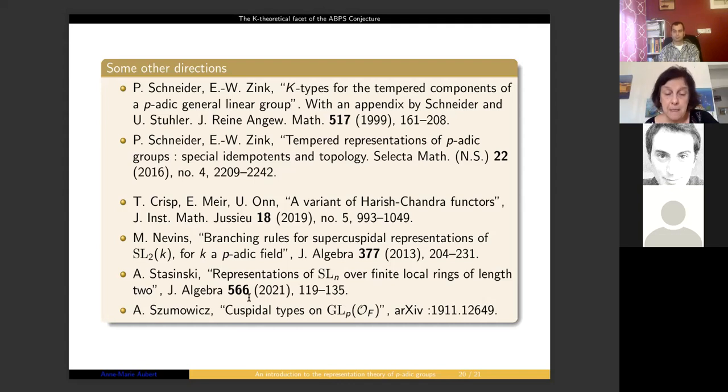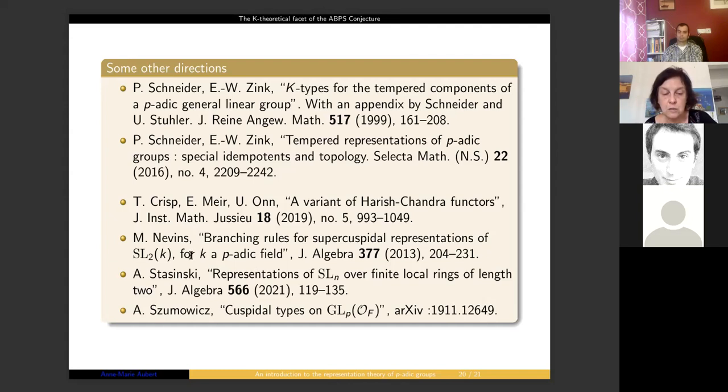And related, in a rather different direction, is to consider the restriction of the representation of a group to study its restriction to a maximal compact subgroup. And so this arrives at the world of branching rules.